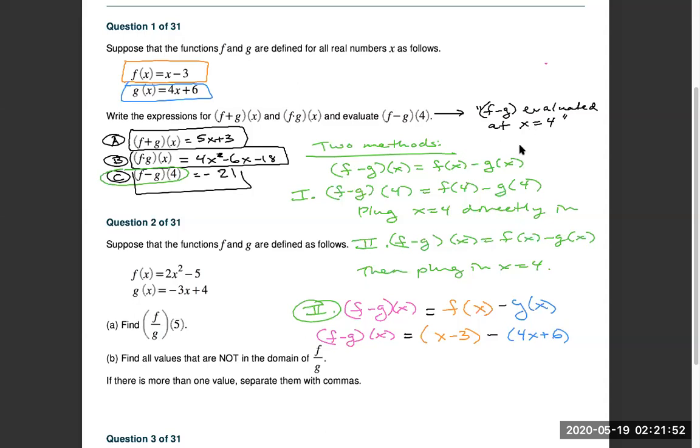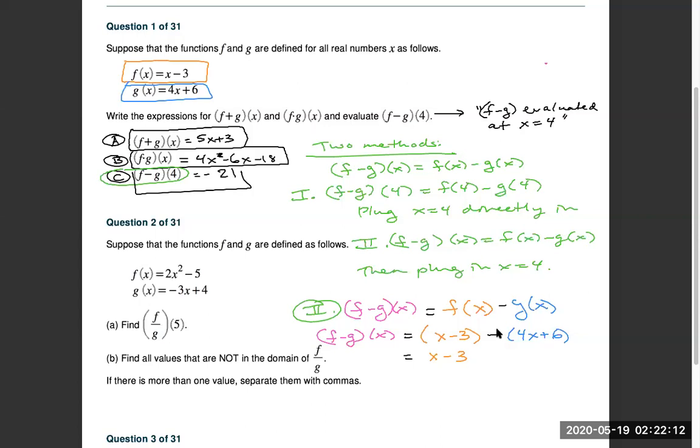Now, this is actually a good way to go over this. It's kind of important to know for later. First bit, you can drop the parentheses. But now you have a distribution here. What color to use? Let's use purple.